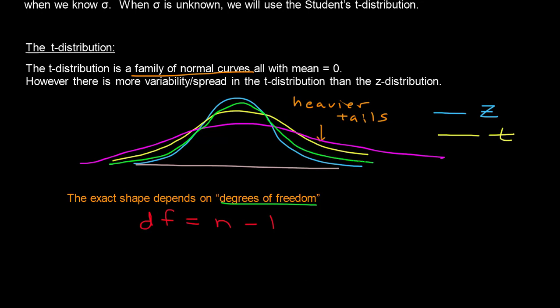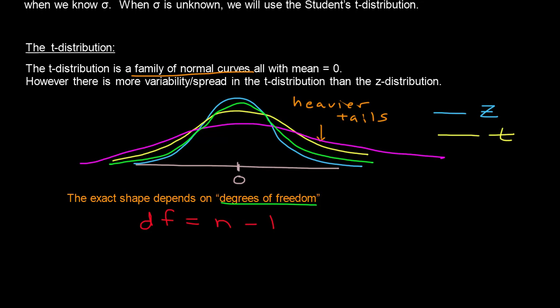So this image is now getting a little crowded. However, we can see that these all are normal curves. They all have a center of 0, and the spread is dependent on this thing called degrees of freedom.